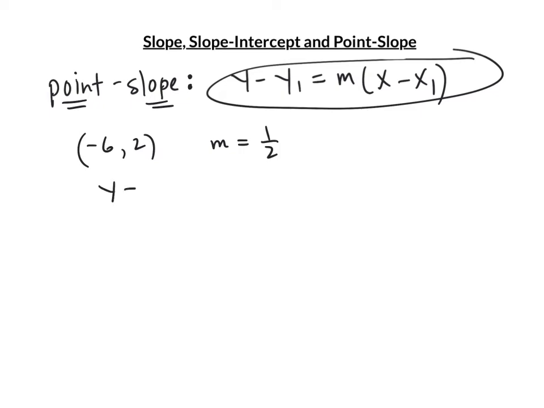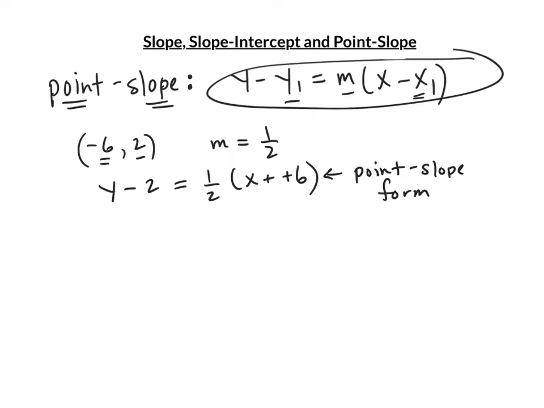It'll be y minus the y of the point, which is 2, equals m, which is 1/2, times x minus the x of the point, and the x of the point is negative 6. Now notice the double negative. This happens a lot. That's going to turn into a positive. If they ask for point slope form, this equation would be your answer. This is in point slope form: y minus y1 equals m times x minus x1.